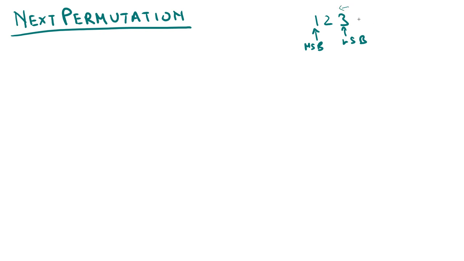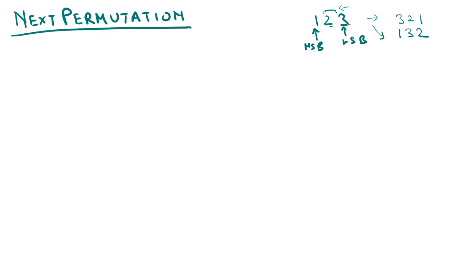What I mean is, if you directly look at MSB, then you might be tempted to convert 1, 2, 3 to 3, 2, 1, which is bigger than 1, 2, 3, but it is not the minimum number which is bigger than 1, 2, 3. Now, if you start from the least significant bit, which is 3, then you will see that you can swap 2 and 3 here, and you will get 1, 3, 2.